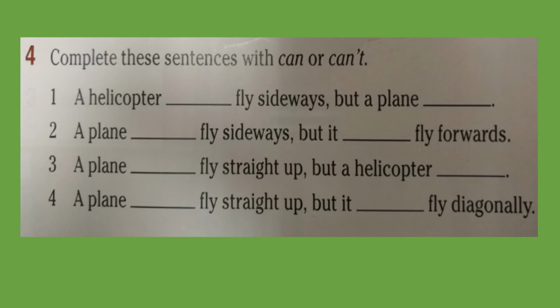Okay, now let's check the answers together. Number 1, a helicopter flies sideways. Yes, it can. So a helicopter can fly sideways, but a plane can't. Of course, very good. Thank you. Number 2, a plane can't fly sideways, but it can fly forwards.